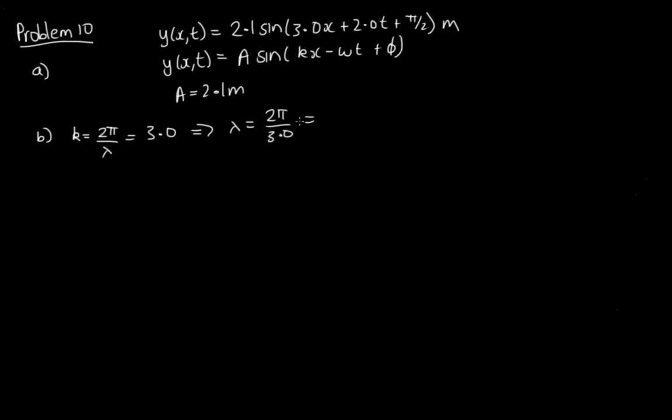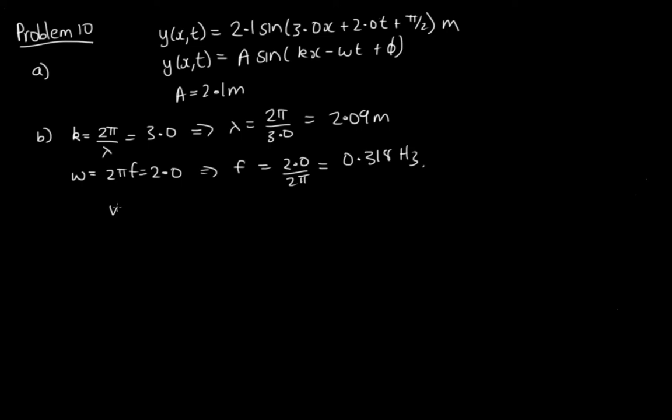And so that is equal to 2.09 meters. And we know that omega is equal to 2 pi f, and it's also equal to the thing in front of the t, so 2 in this case. So that tells us that the frequency is equal to 2 divided by 2 pi. So that's 1 divided by pi, or 0.318 hertz.